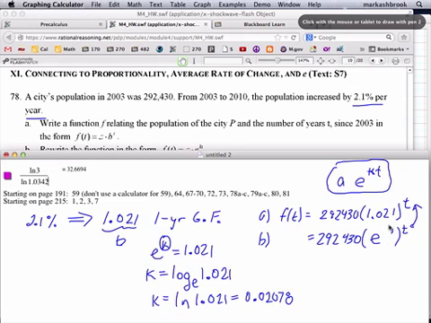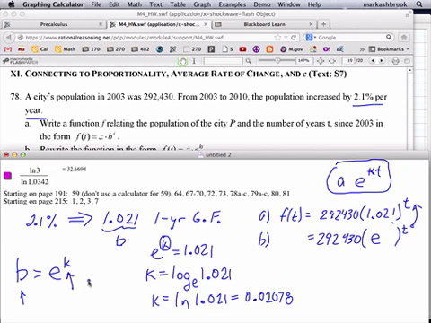Could you just look at what they gave you, the 2.1%? You want to put 0.021 in here? Is that what you're saying? The whole thing is b equals e to the k. But the true percent is different than the continuous rate. The true percent is 2.1%.